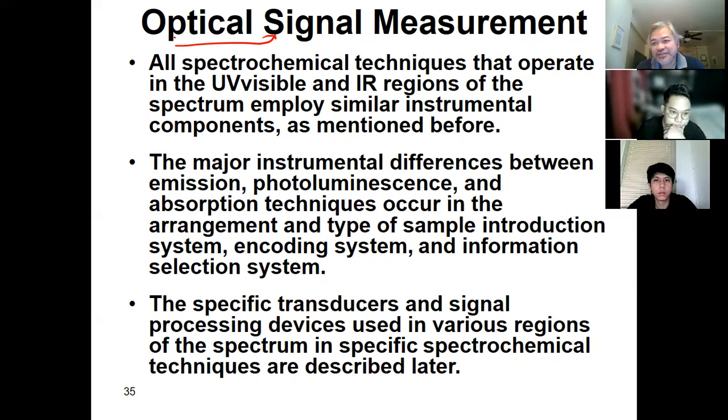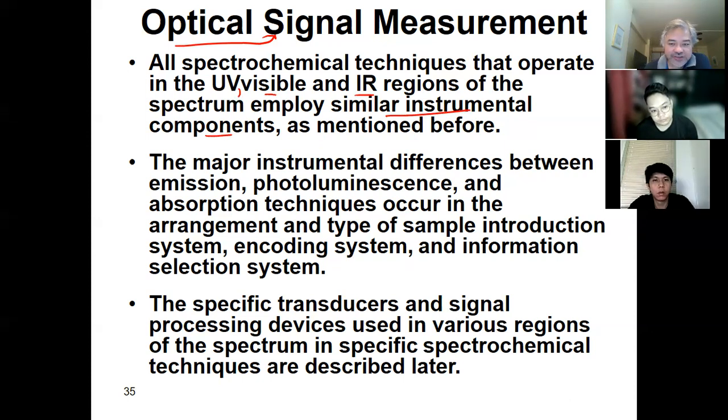Once you can do that, you can develop any sensors or detectors depending on the physical or chemical property that you can get. When we're talking about optical signal measurement, we could say all spectrochemical techniques that operate in the UV, visible, and the IR regions of the spectrum employ similar instrumental components as mentioned before.